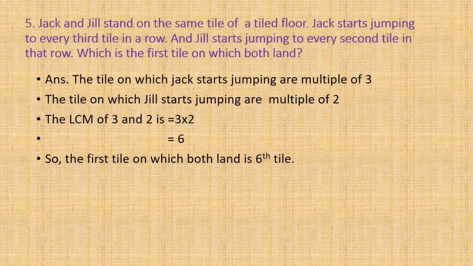And on the other hand, Jill is going to jump on every second tile, that means a multiple of 2. So first we will find the LCM of 3 and 2. The LCM of 3 and 2 will be 6. So the 6th tile is the first tile on which they both will land.